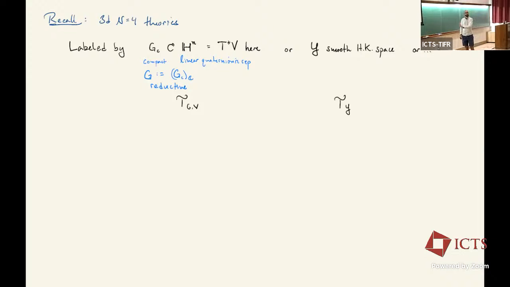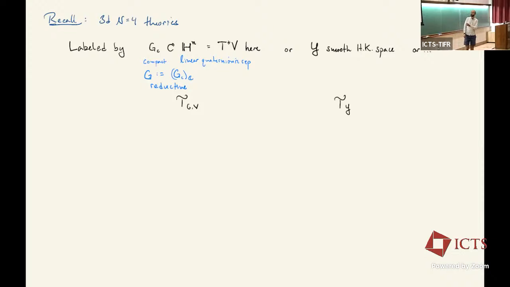My starting point here is in physics. And in physics, I would say that we are investigating properties of 3D N=4 theories. They come in several different flavors. The ones I'll discuss here, and that are under a lot of current study, are gauge theories with linear matter, meaning they're labeled by a compact group and a linear quaternionic representation thereof.